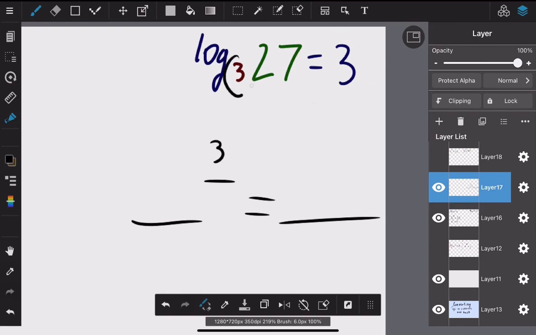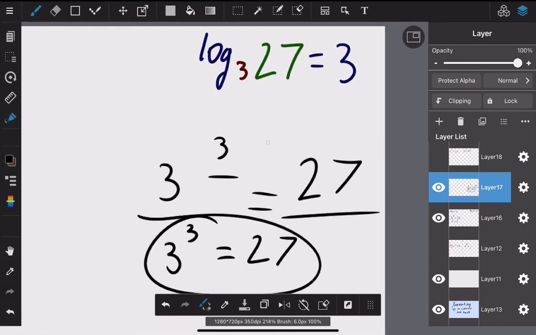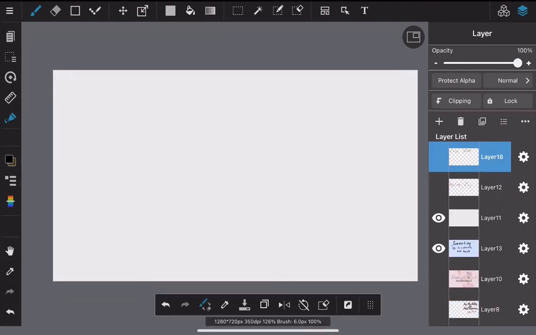Next, we know that the base in a logarithmic equation is the same as the base in an exponential equation, so this number 3 is going here. Finally, we know that the argument goes to the end, or you just remember that it goes in the last blank space, and that leaves you with 3 cubed equals 27. And that is true. Now, we're going to convert from exponential to log.